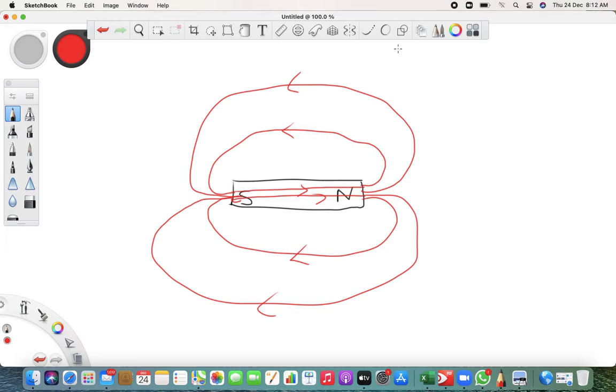And the last thing, when the magnetic field lines are close to each other, or crowded, it has a stronger magnetic field, and when the lines are far from each other, it has a weak magnetic field. This is what we learned about magnetic field and magnetic field lines.